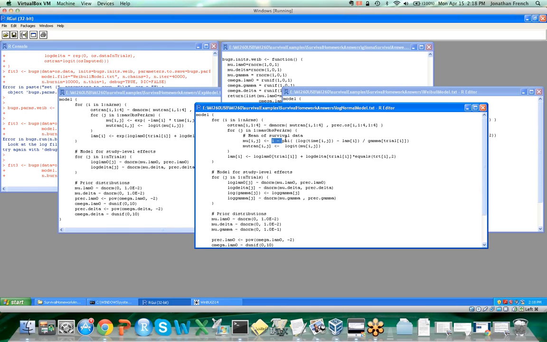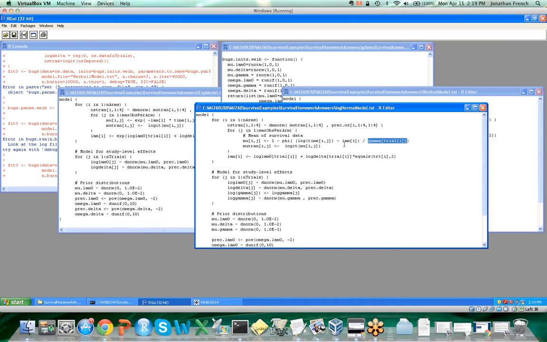Because BUGS provides us the standard normal cumulative distribution function, what we need to do is center our observed times on the mean, which I'll denote here by lambda, and divide through by the standard deviation, which I'll denote here by gamma. So I'm using the same parameter names as I used in the Weibull model, but they're serving slightly different purposes here.